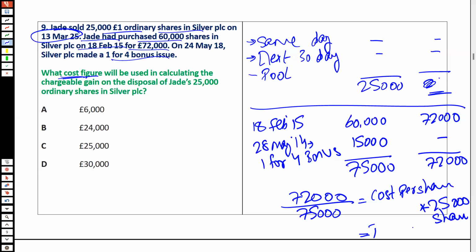So 24,000, is it fine? Calculations clear?